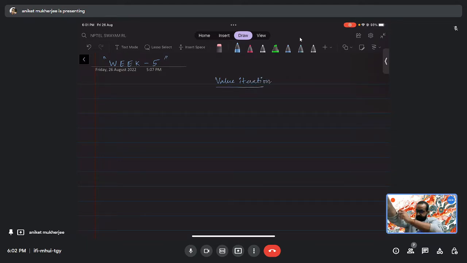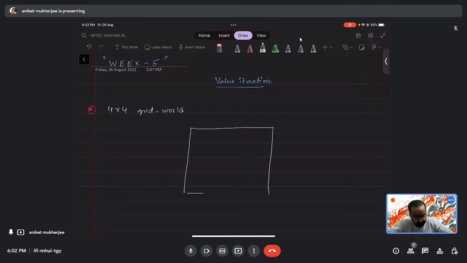Now first let me set up the problem. The problem is I have a 4x4 grid world, and I have two terminal states.